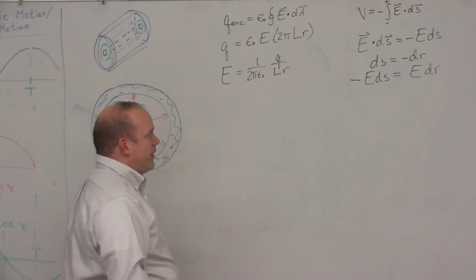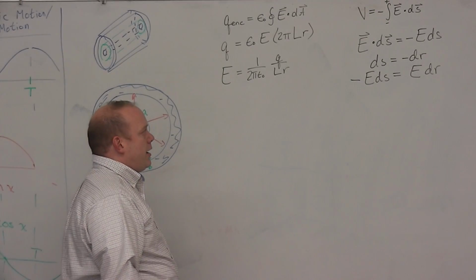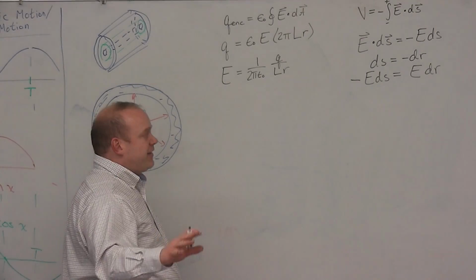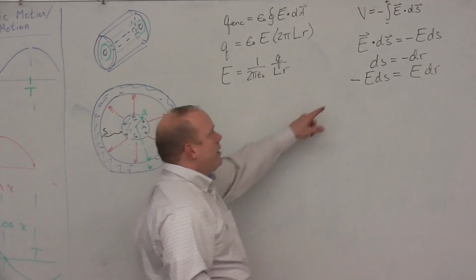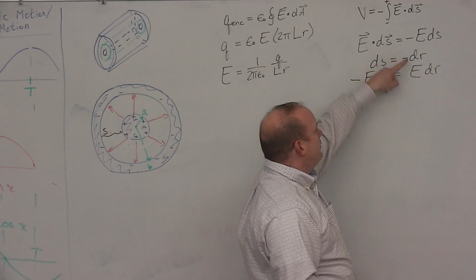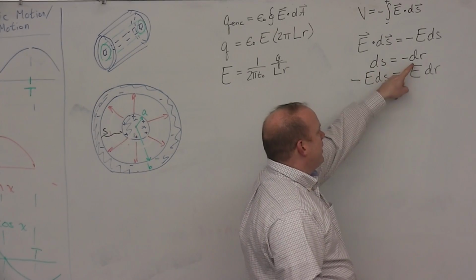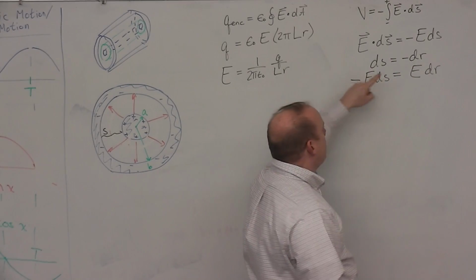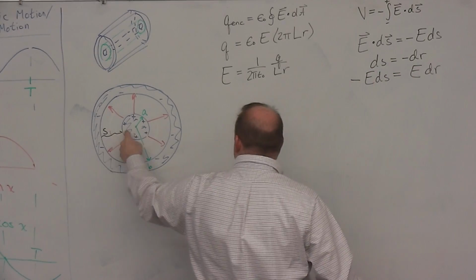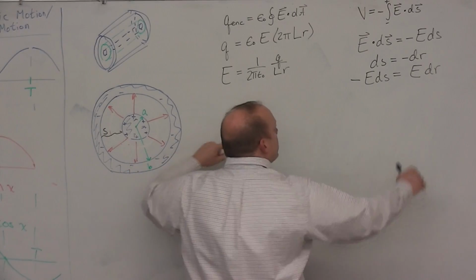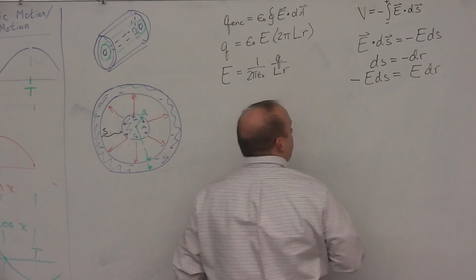Those of you in Calc AB or Fun Calc, try to follow along. BC kids, you should follow what I just did. Okay, it's just that I made a substitution so I can get it in terms of dr, because this is r, and this goes in this direction. Okay, S goes in this direction, R goes the other direction. So the signs have to flip.